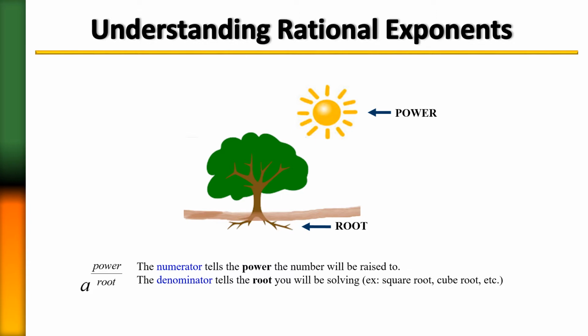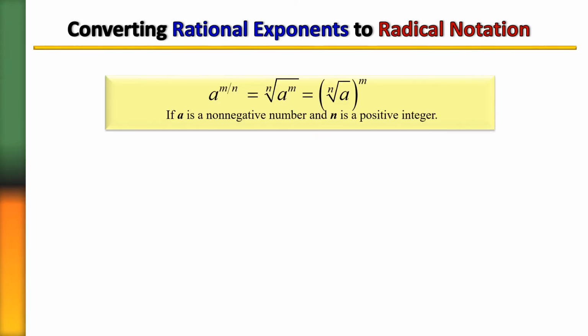For example, square root, cube root, and so forth. If you ever forget, just keep that diagram in mind, and you'll know that the top represents the power, and the bottom of the exponent represents the root.